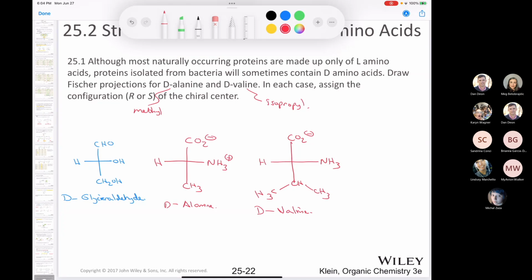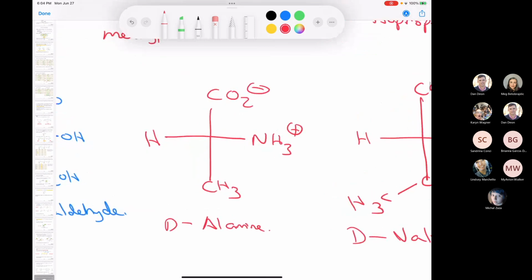Now it's asking us, are these R or are they S? Well, let's take a peek. Let's start with alanine. We look at the 4 atoms. We have a carbon, a hydrogen, and a nitrogen. The nitrogen has the highest atomic number, therefore it must be number 1.